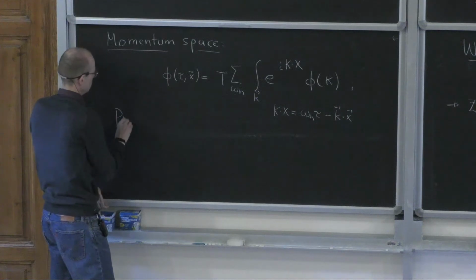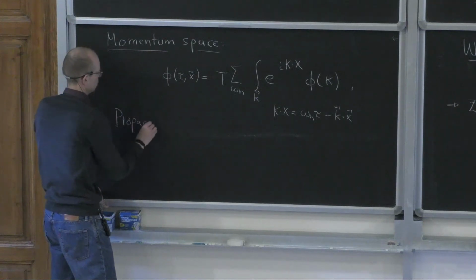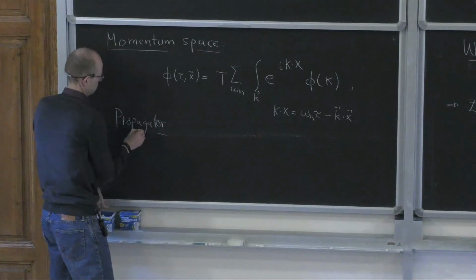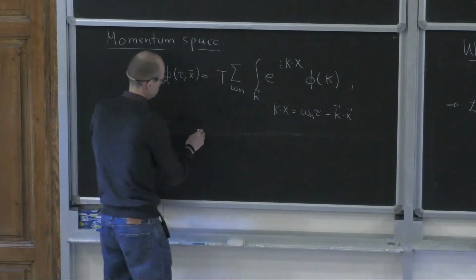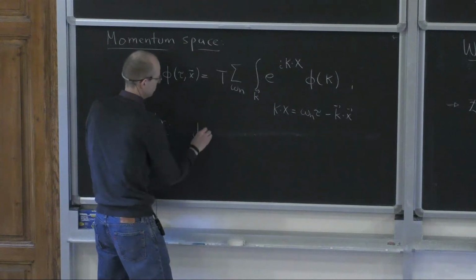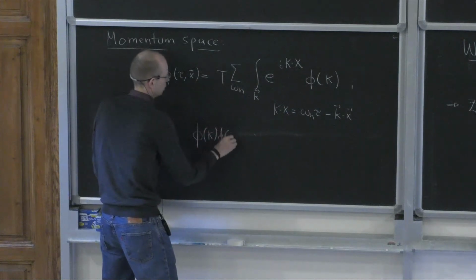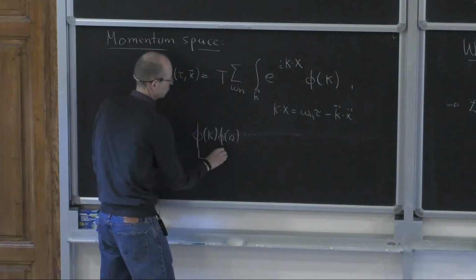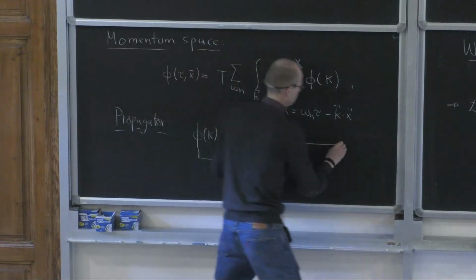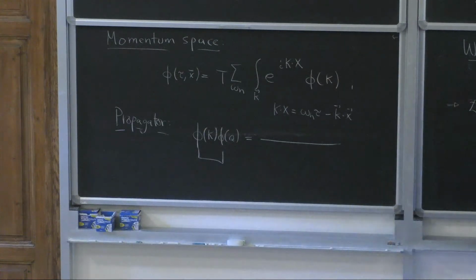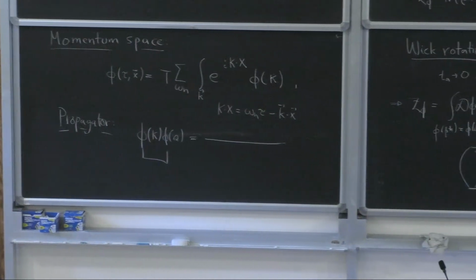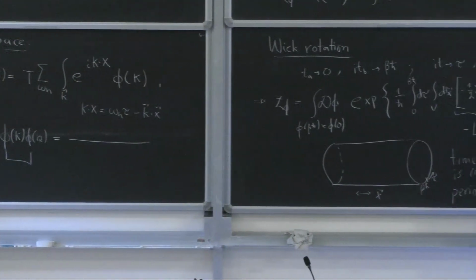And also propagators. We already mentioned the propagator, but now propagators, in some sense, are simpler, because if we take a 2-point function, if we contract, then what is nice about all these Euclidean things is that everything comes with a plus. Here everything is with a minus, but with the minus we take out, and then everything is with a plus.